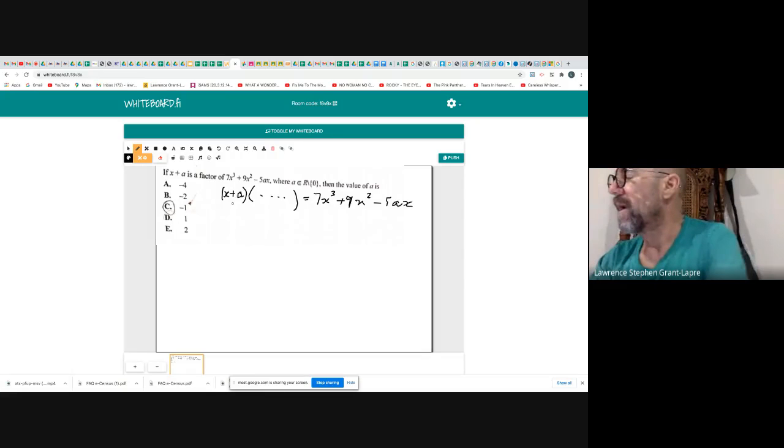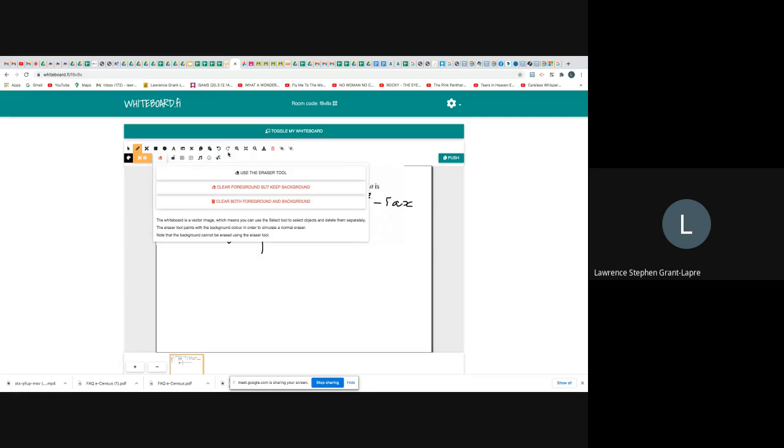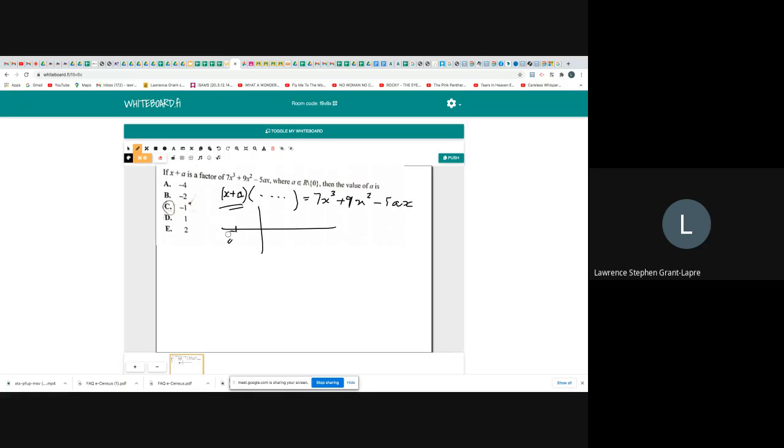Now, if x plus a is a factor, remember, that just means that it's going to be crossing at some number, whatever a is.